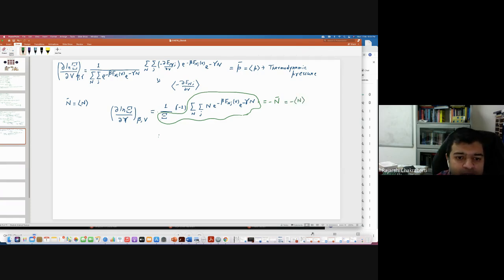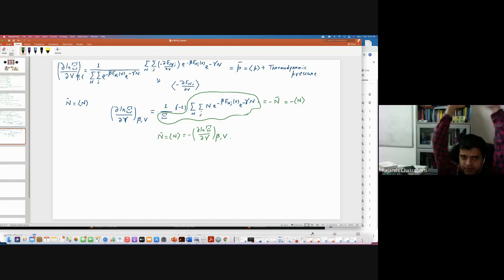So in other words, n average is minus del ln Z del gamma. Be very nice, isn't it? Very nice. See, if I know the partition function, then I can actually generate so many things. Use this. It is nice, isn't it?